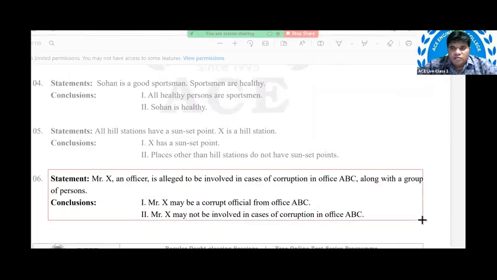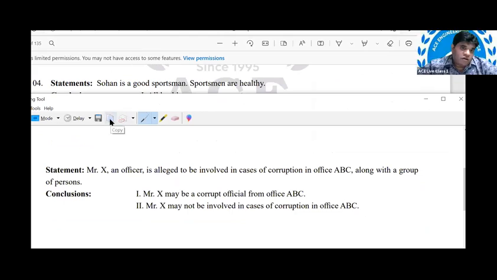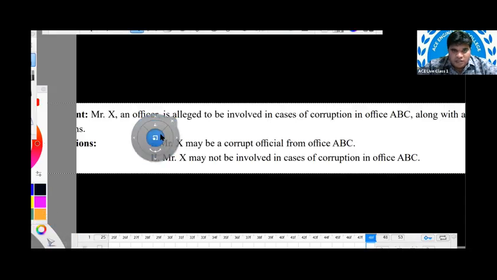This is a normal question, Giriza. Okay, sir. Next, our conclusion type, I mean diagrammatic type. This is without diagram concept. Option C.